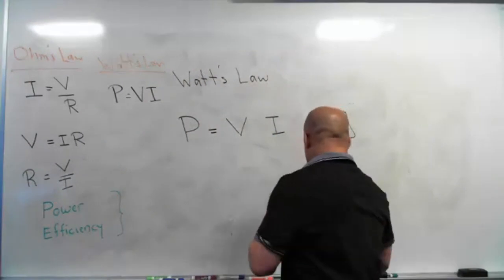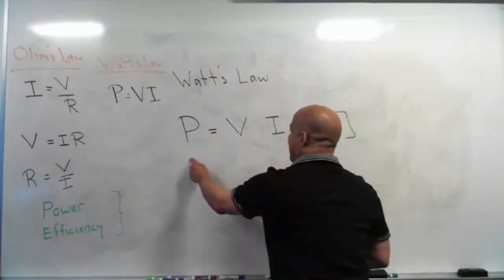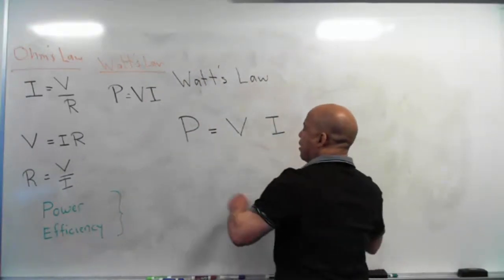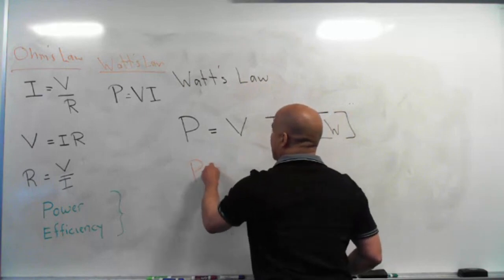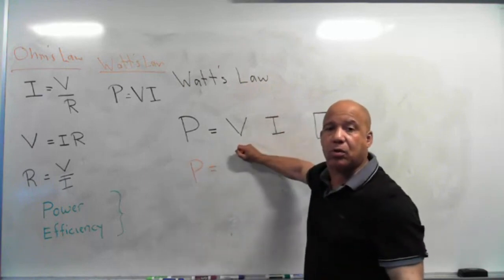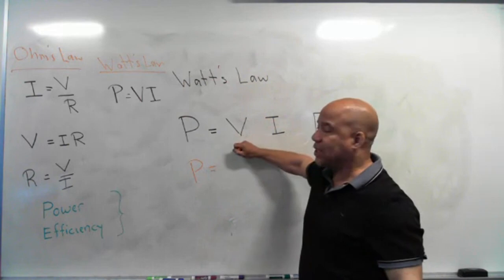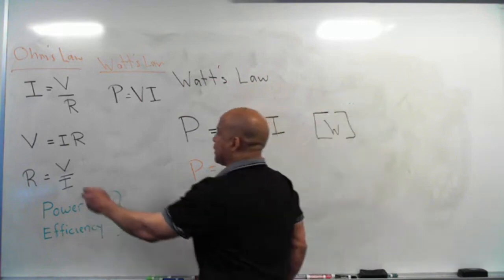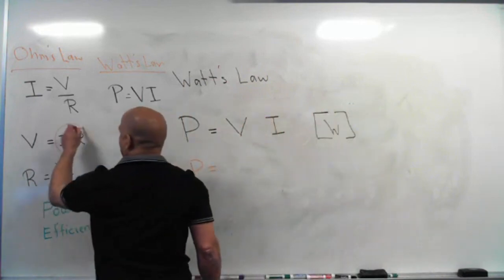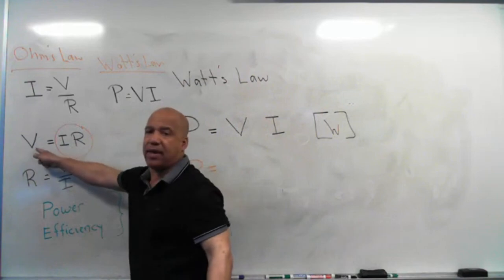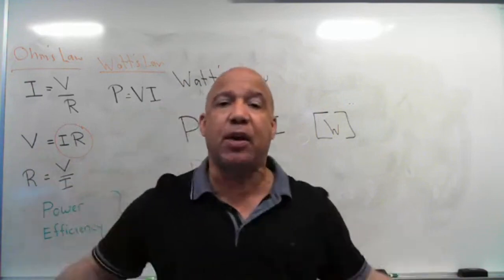So, for example, instead of taking P equals V times I, what if I take P equals what V is equal to times I? What is V equal to? Well, V is equal to this. So I'm going to take the V and substitute for the V what it's equal to.